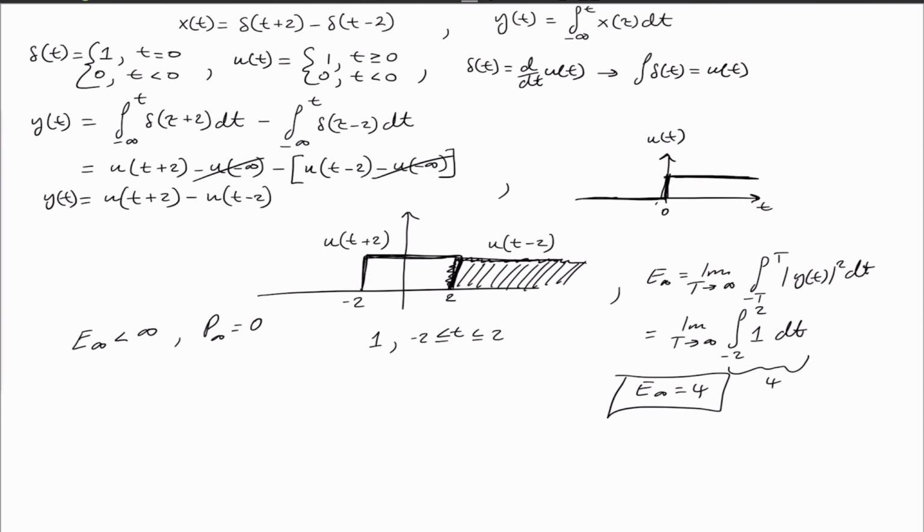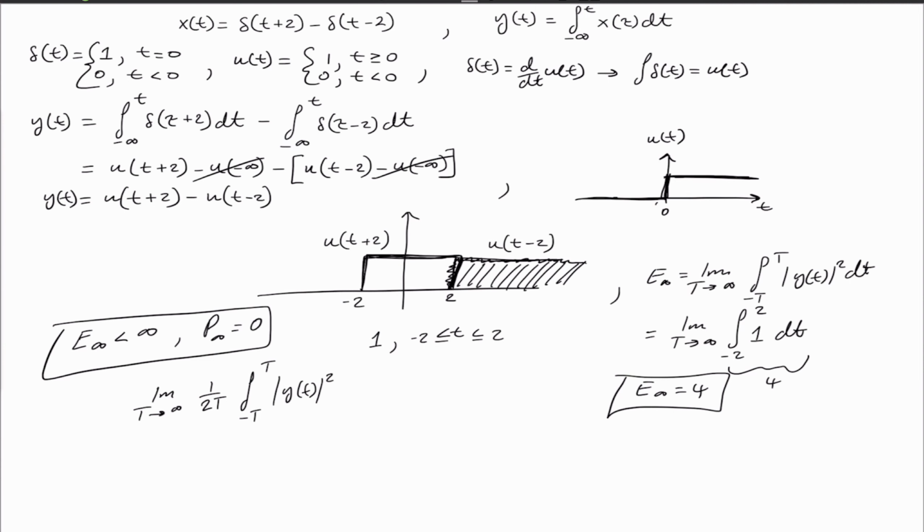In this case, the average power is 0, and that could be proven by the limit as t approaches infinity of 1 divided by 2t, and we integrate from -t to t, the same thing, the absolute value of y of t squared.